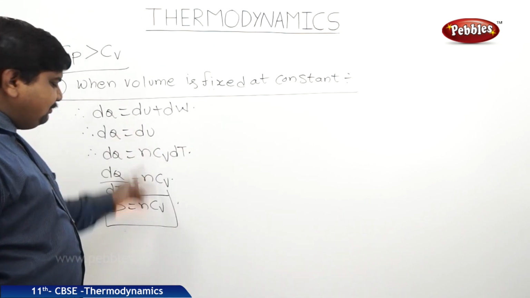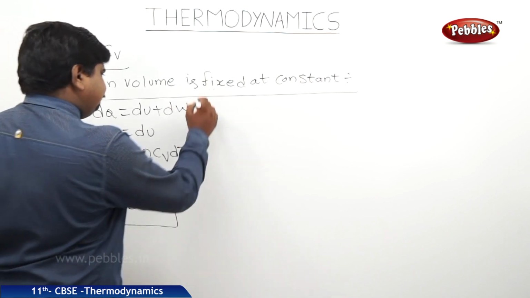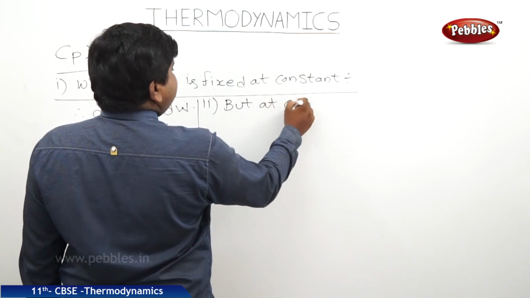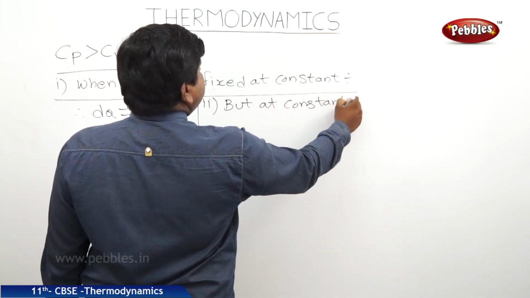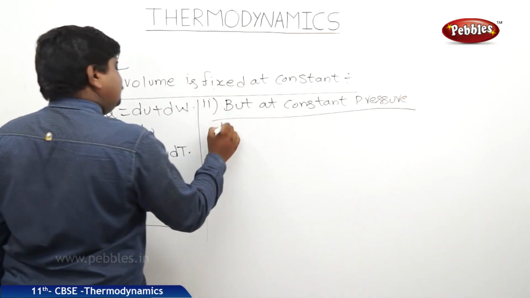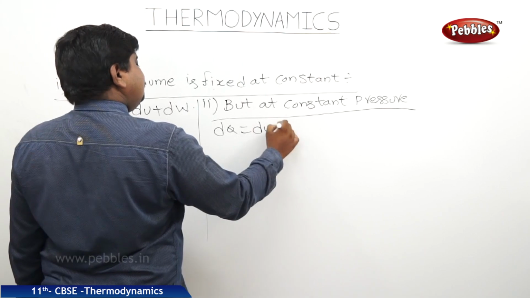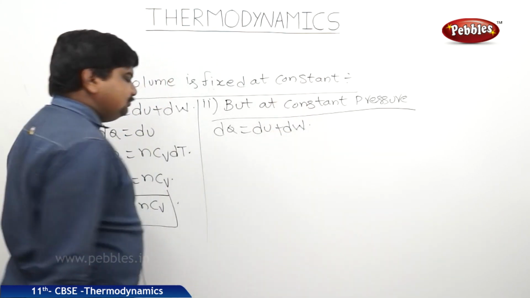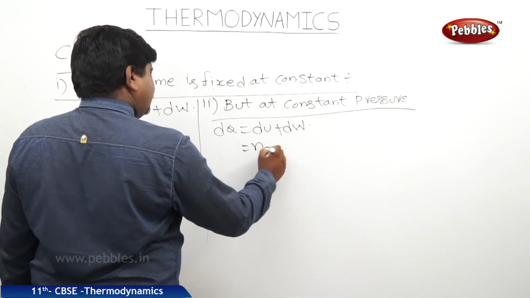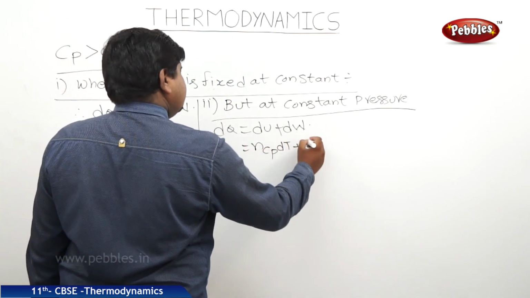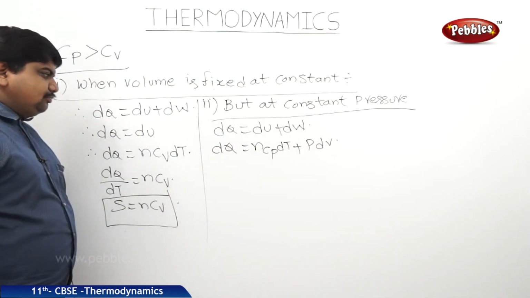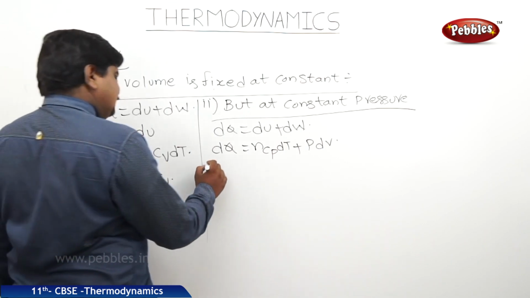Now we are comparing the same equation at constant pressure. At constant pressure the equation is dq is equal to du plus dw, where du we can write as ncp dt plus pdv is equal to dq, where dq is equal to ncv dt.